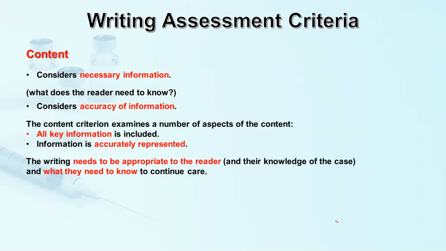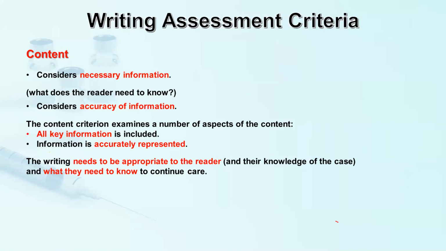The next criterion, content, considers necessary information. What does the reader need to know? It considers accuracy of information. The content criterion examines a number of aspects of the content. All key information is included. Information is accurately represented. The writing needs to be appropriate to the reader and their knowledge of the case and what they need to know to continue care.